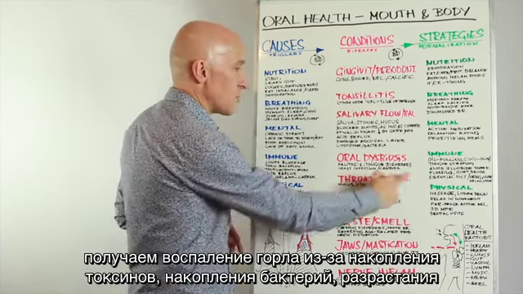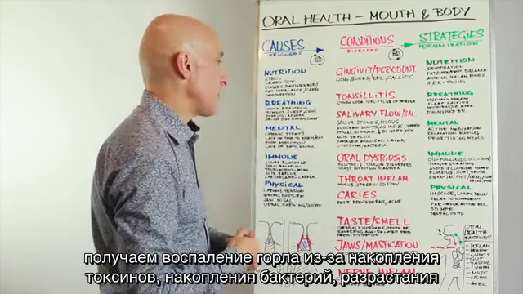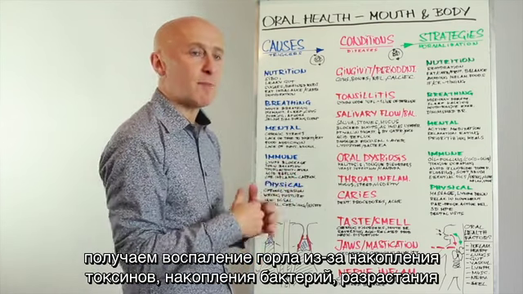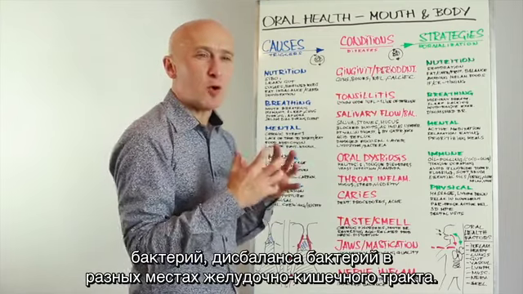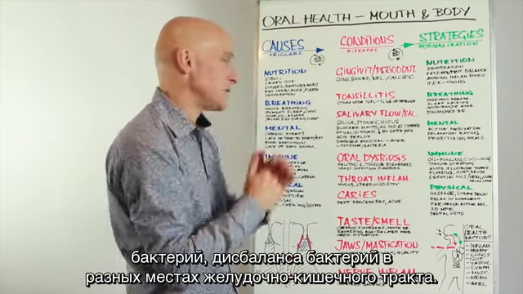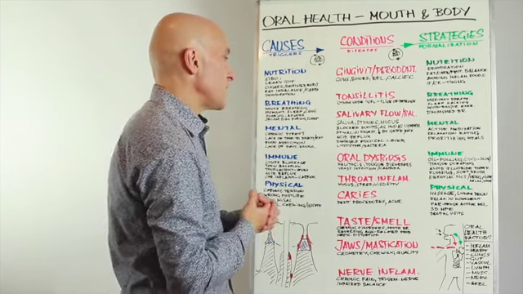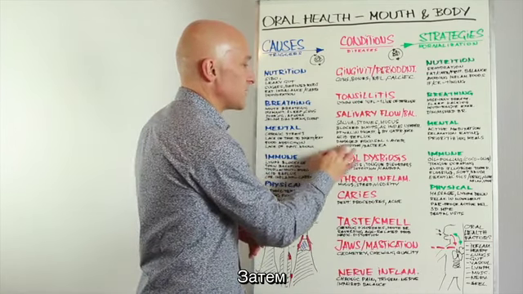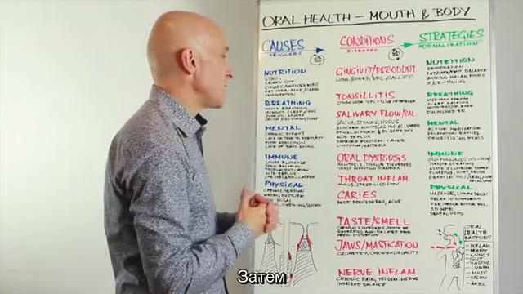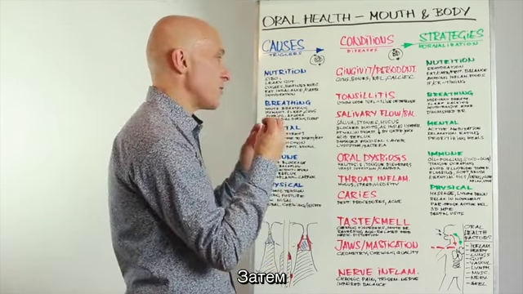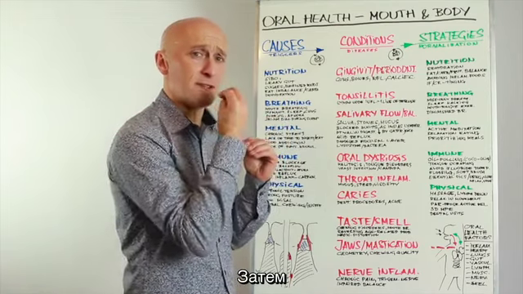That's how we get throat inflammations too, because of buildup of toxins, buildup of bacteria, bacterial overgrowth, disbalance of bacteria in different places in the digestive tract. Then we have something called lysozyme, an enzyme that is very crucial, that is in the saliva.